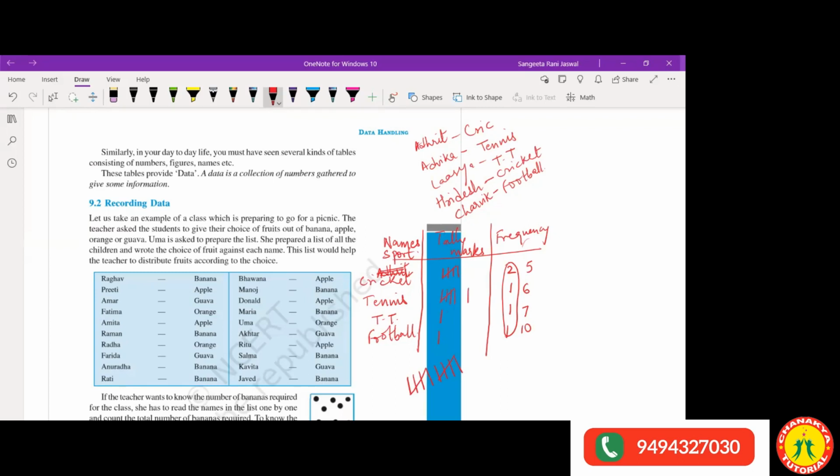Then 1, 2, 3, 4, 5 is a group, then 6, then 7. This is how you represent tally marks. Now football is liked by 10 children. So 1, 2, 3, 4, 5, 6, 7, 8, 9, and then 10. You get it, children?